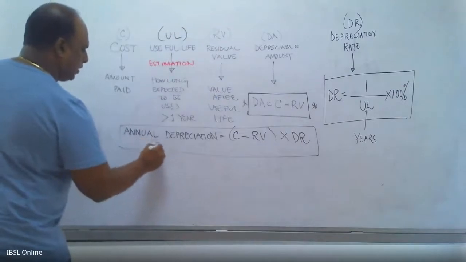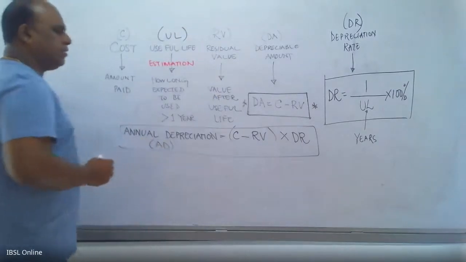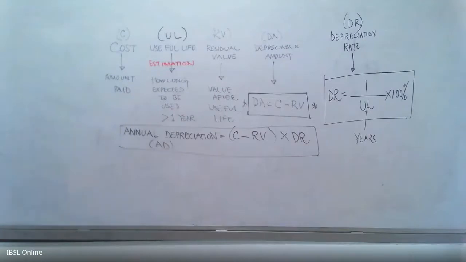So this you can call AD. AD is equal to cost minus residual value into depreciation rate.